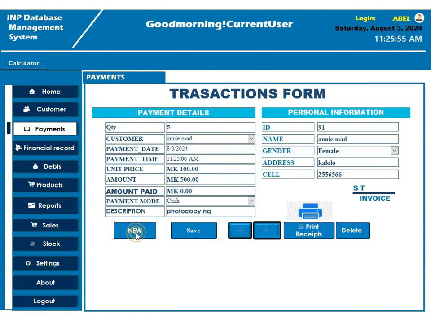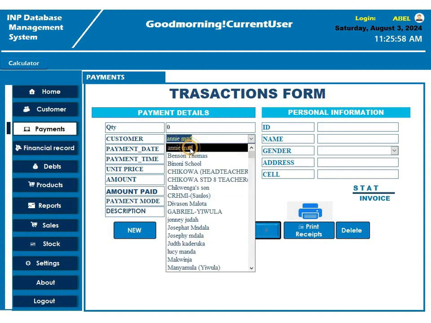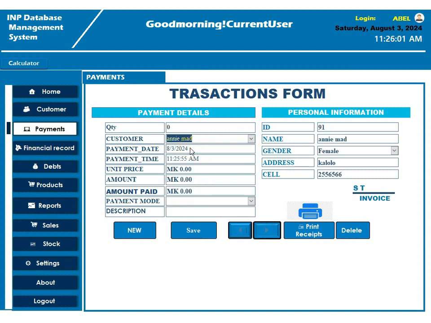You can add another transaction for the same customer. Binding. You also select cash.